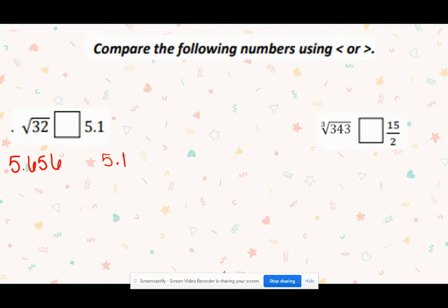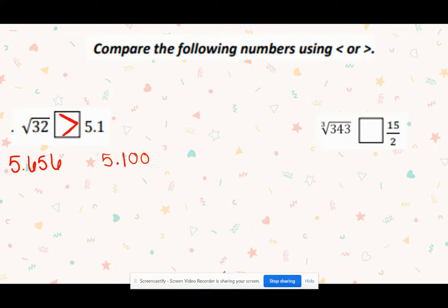So 5.1 is the same thing as 5.100, just so that they have the same decimal places. And then you just ask yourself, which one's bigger? If we're looking at the two numbers, you'll see that the square root of 32, which is approximately 5.656, is bigger. So it's going to get the greater than sign.